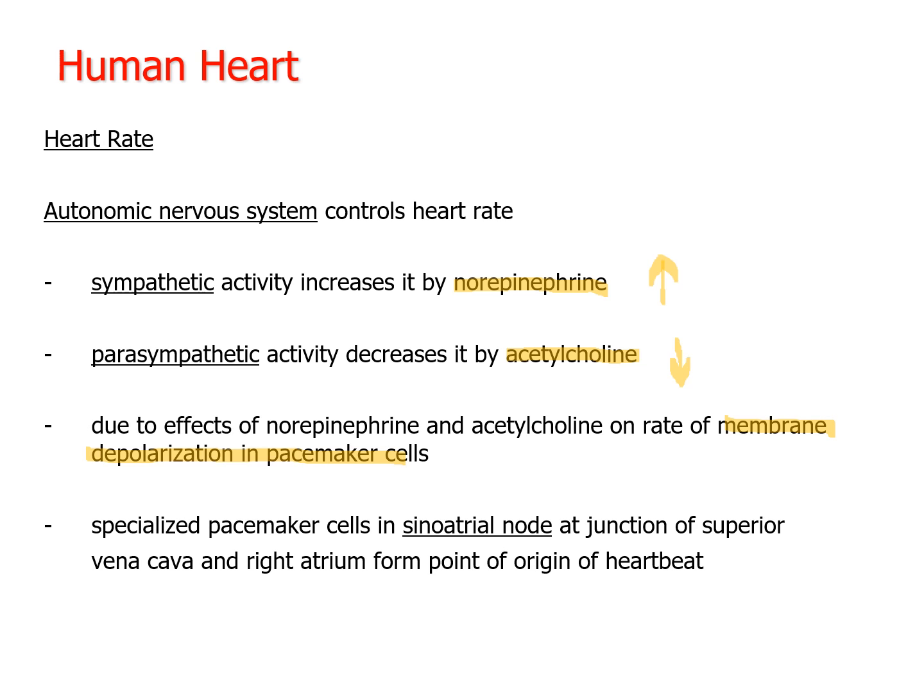pacemaker cells. I remind you that in the pacemaker, what you have is an unstable, constantly depolarizing membrane potential that hits the, let's pretend that this is the threshold. Once it hits the threshold, calcium channels open, calcium rushes in, and then it depolarizes rapidly, and then it repolarizes, and then this process occurs again.